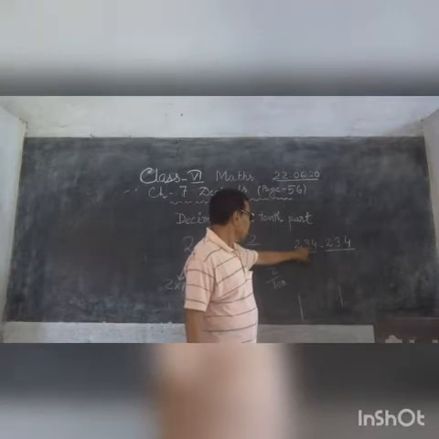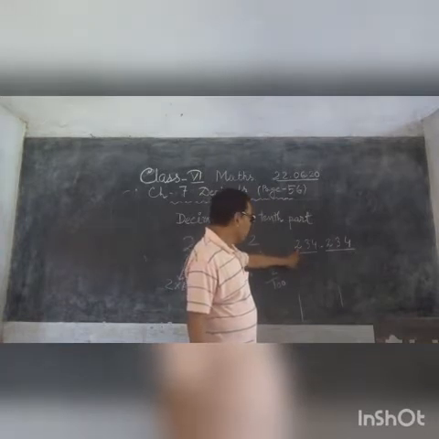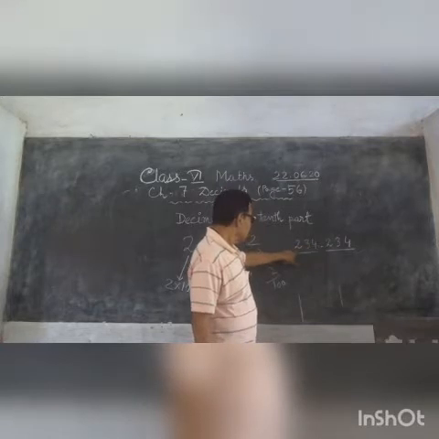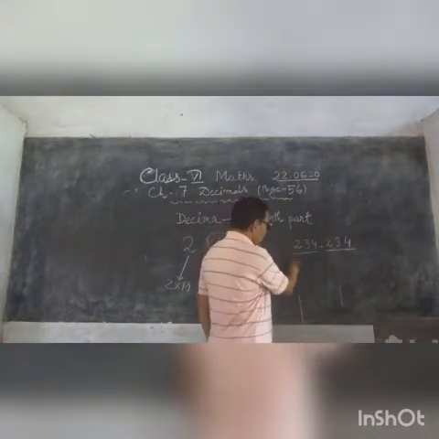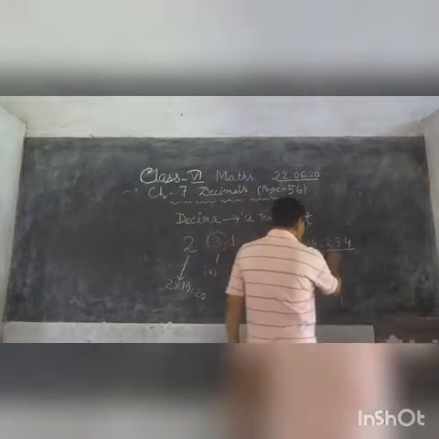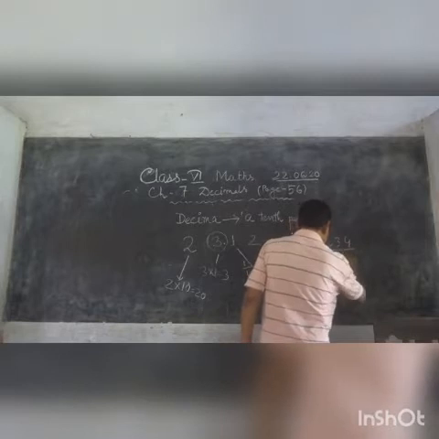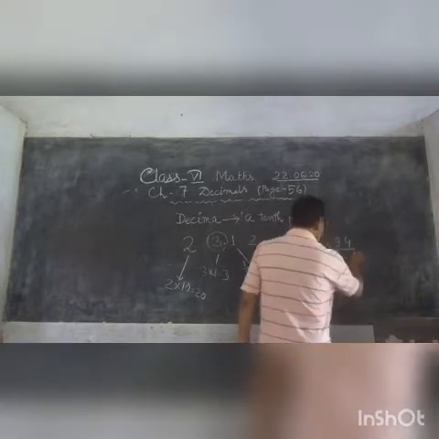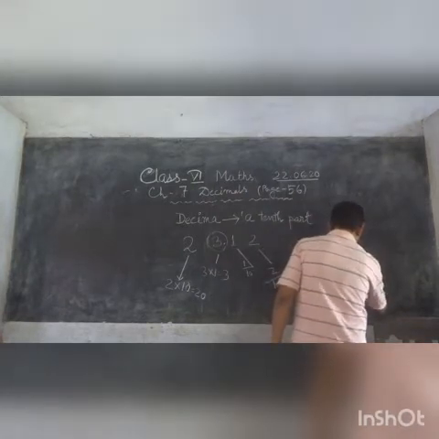Here it will be 2 into 100, that is 10 times of this. But here it will be 2 by 10, 3 by 100 and 4 by 1000.